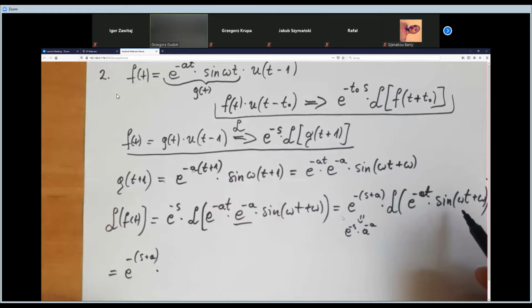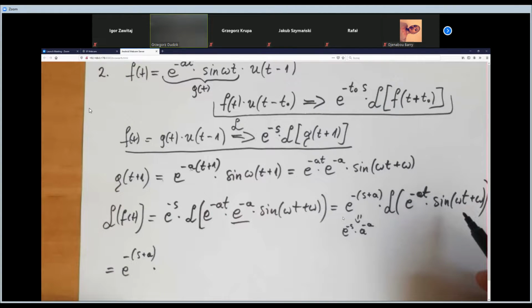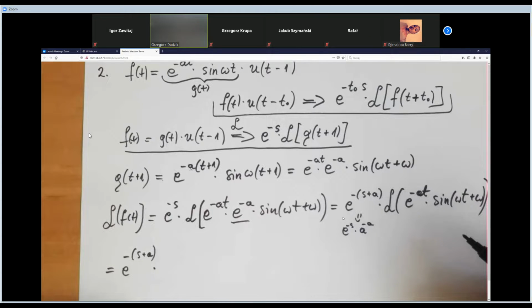So you have to remember the properties of the trigonometric functions, like the relationship between the cosine and the sine function, where we have, for example, sine a plus b.